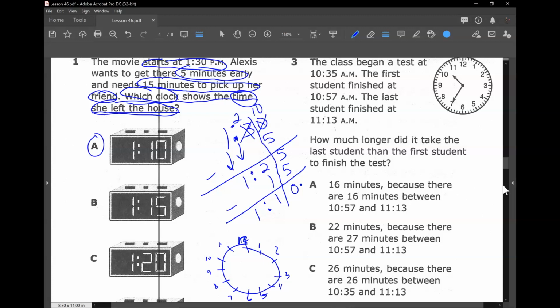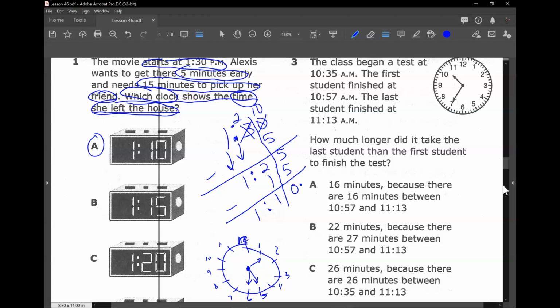1:30. Okay, 1:30. So I just count backwards the minutes. So I have 1:30. If I go backwards 5, I'll be here now.